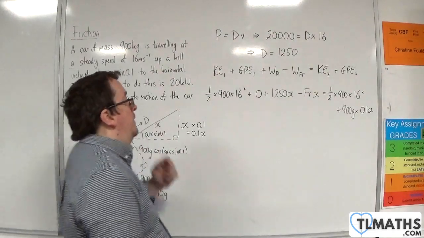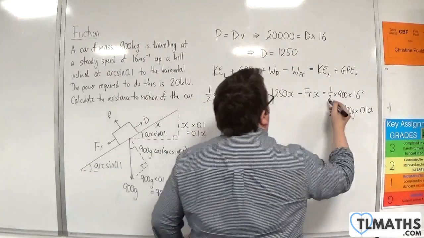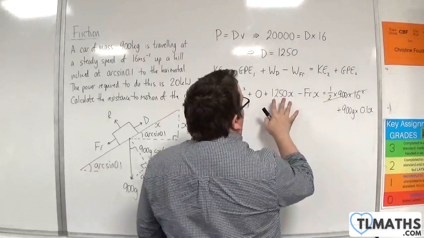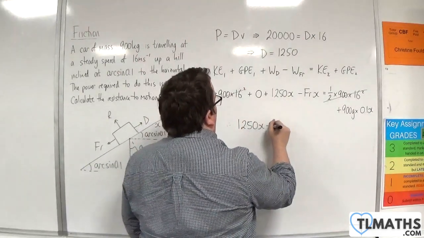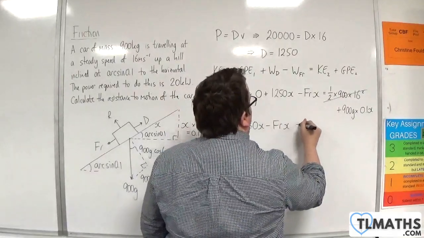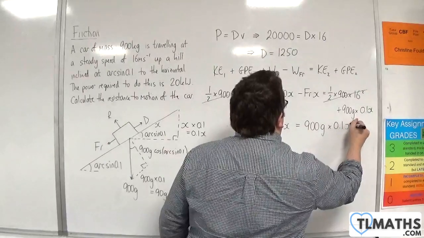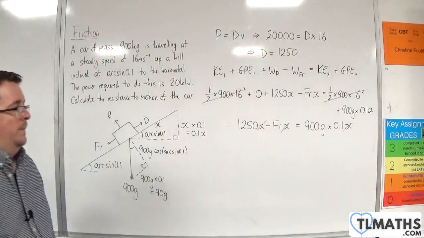On both sides of the equation, we've got the 1/2 times 900 times 16 squared, so they're gone. We've got left over 1,250x, take away the friction times x, is equal to 900g times 0.1x. So of course we can divide through by x now, that's gone.